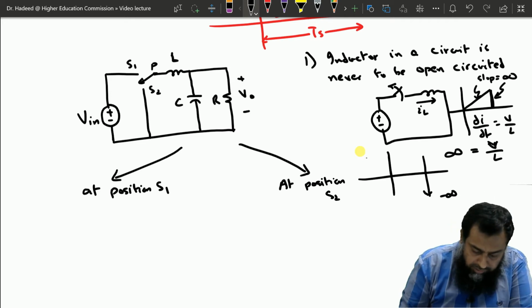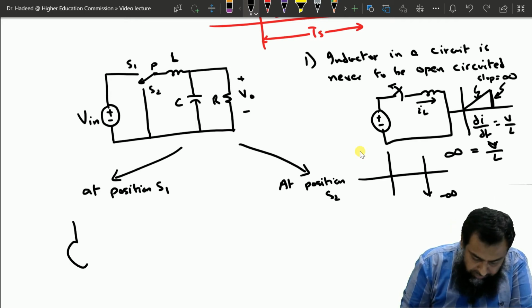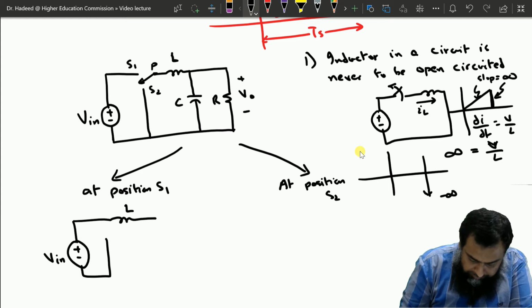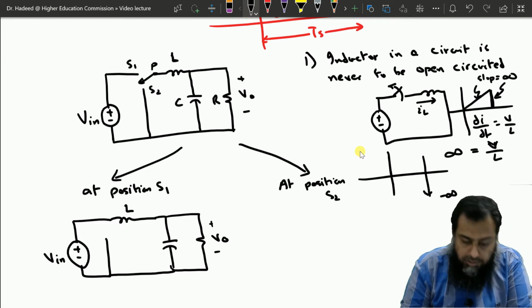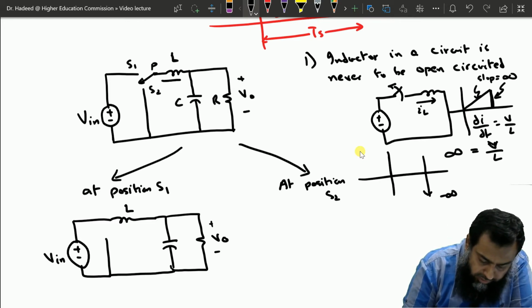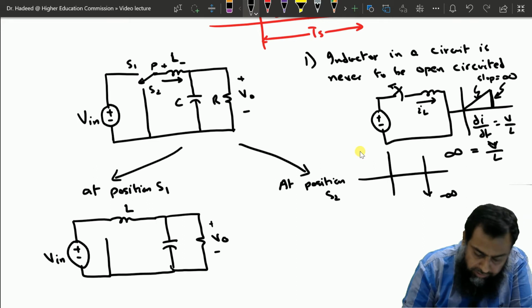So with this S1, this voltage source Vin is connected with this inductance L. This is open circuited. We have this capacitance here and we have the voltage here. Let us identify the polarities here as well. Since the current is flowing in this direction, we have positive here and we have negative here.